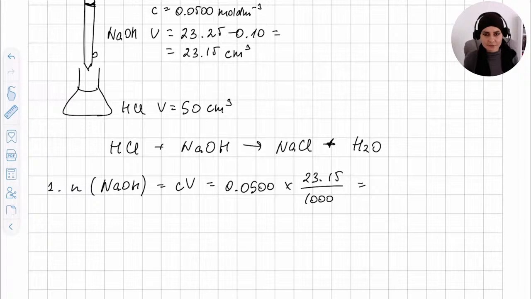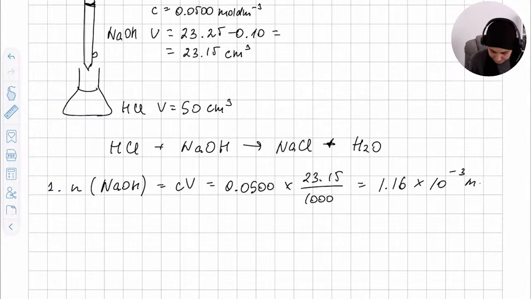Yes, to convert cm cubed to dm cubed, you need to divide by 1,000. So 0.05 times 0.02315. That is 1.16 times 10 to the negative 3 moles.